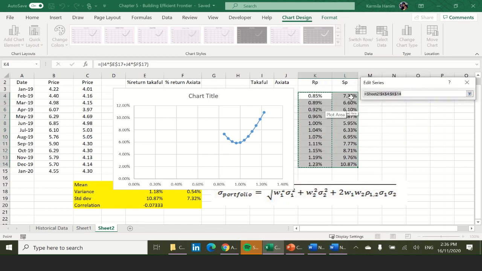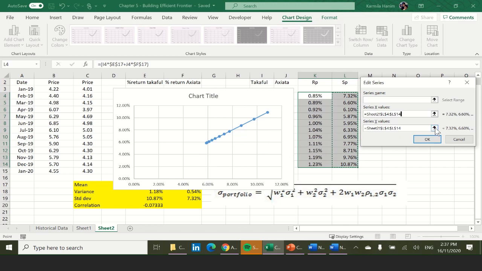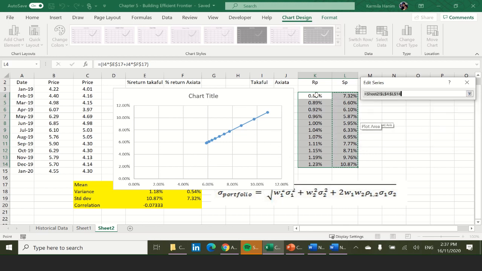So the x-axis should be the standard deviation, or the risk measure, and y is the portfolio return.